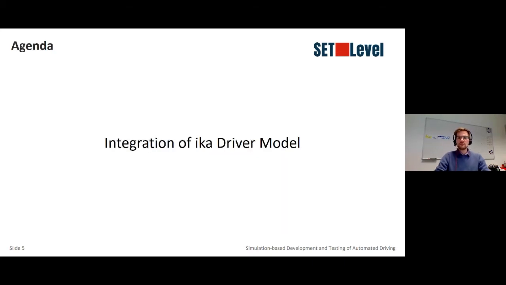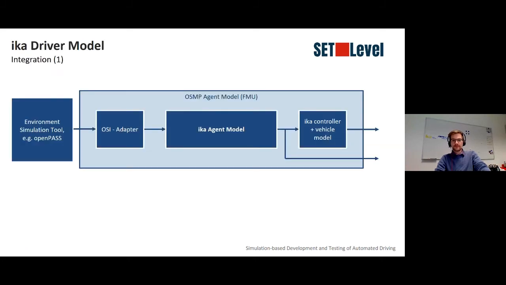Now that the OSMP framework is briefly introduced, let's have a look at an example of how that might be used in traffic simulation. The FMU, which is included by the simulation software, is indicated by the light blue box. Besides the actual driver behavior model, it consists of an adapter that translates the OSI messages into an internal interface.